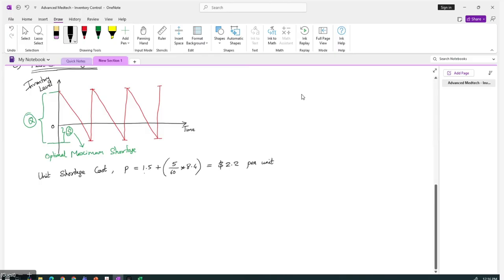Given that this is a scenario with shortage, the formula for Q will also change. Earlier it was the square root of 2kd divided by h. Now you will have another component, which is the root of (p plus h) divided by p. Remember there are derivations for all this.